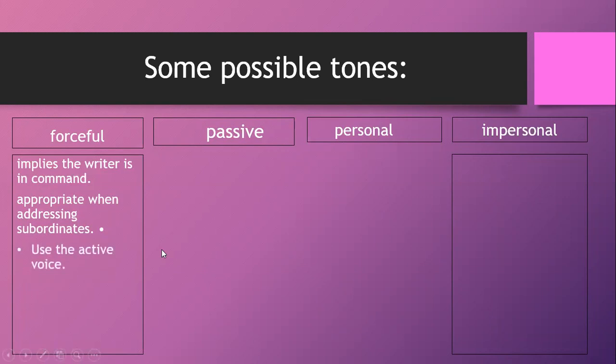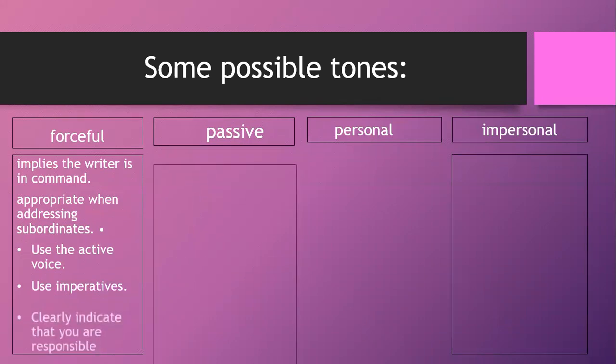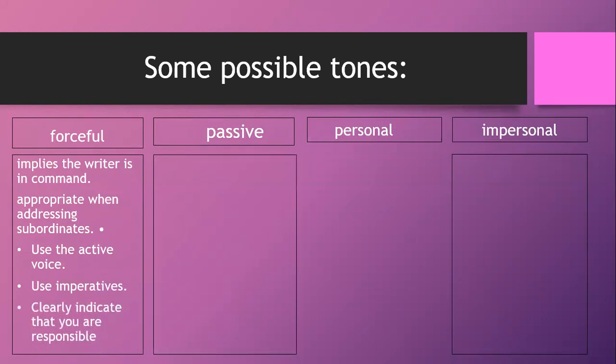And of course, the active voice is used, and imperatives, especially for instructions. It clearly indicates that the writer is responsible. You are in charge, you are responsible. That's the forceful tone from a management point of view.